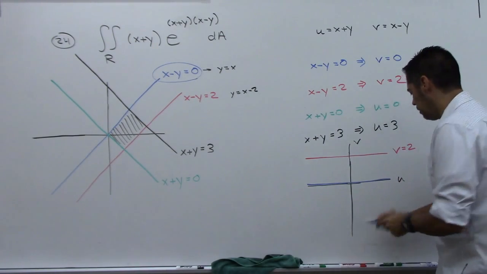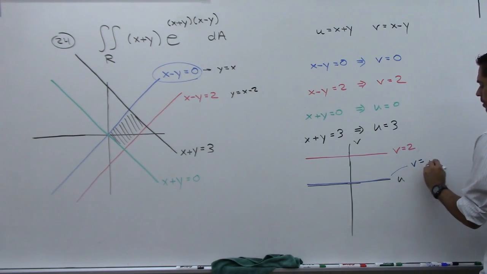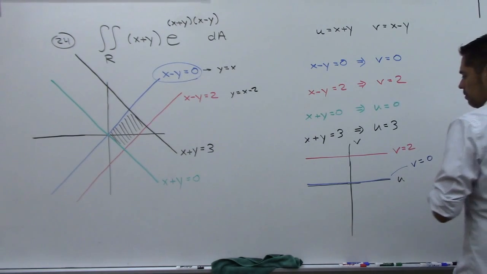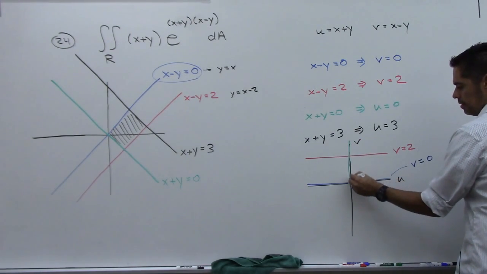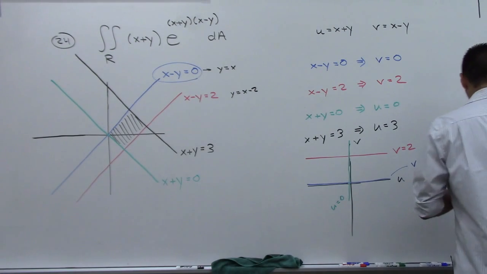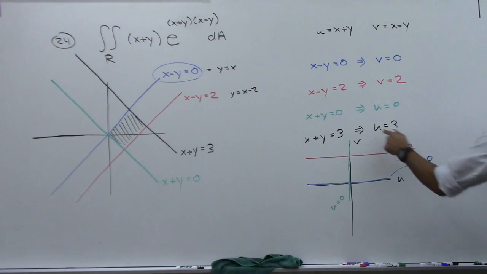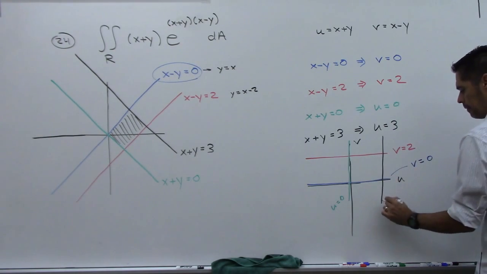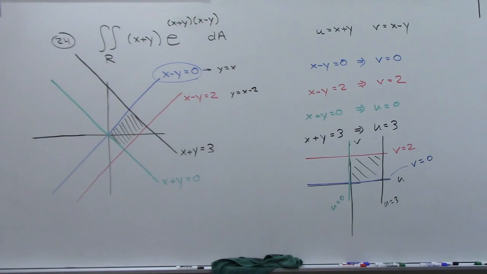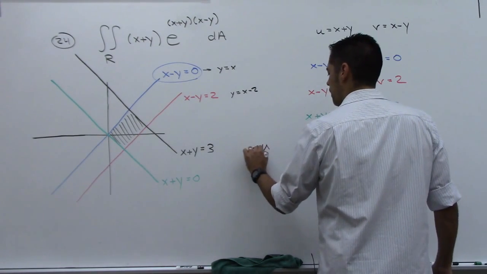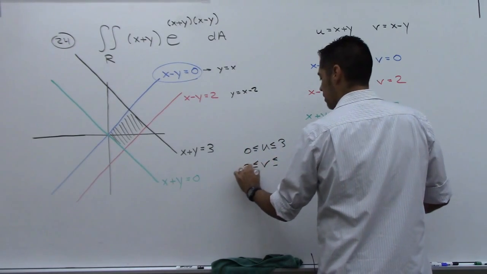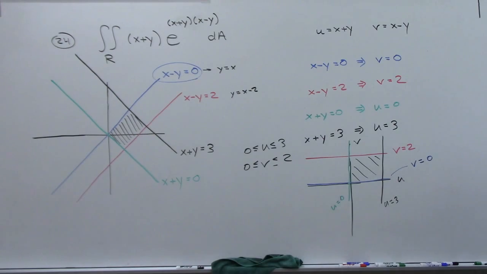This blue one here was v is 0. The green one, u is 0, which means this one. And then the last one, u is 3. And you can see it's a nice rectangle. I know my u's are between 0 and 3, and my v's are between 0 and 2. That's going to be a nice integral.